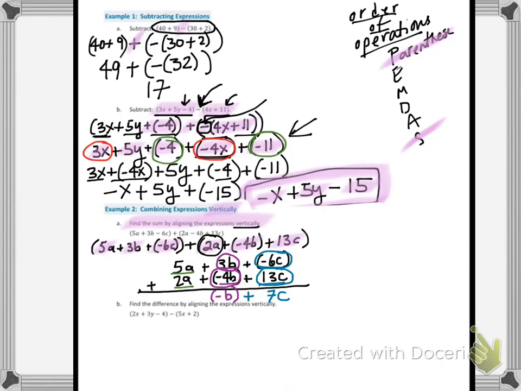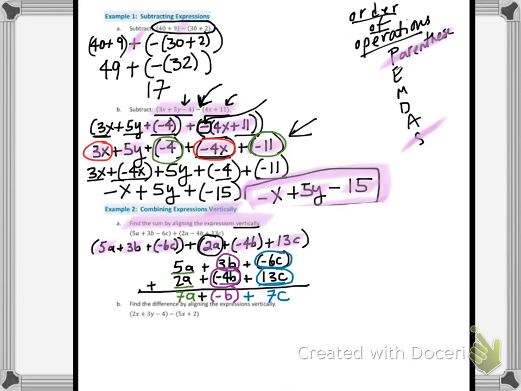You don't need to express it as a 1b because we don't really need the 1. And then we have 5a plus 2a, that's a solid 7a. So now we have 7a plus negative b plus 7c.